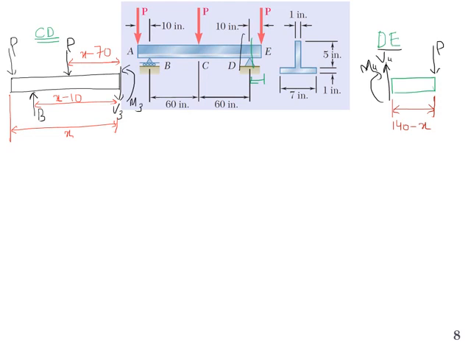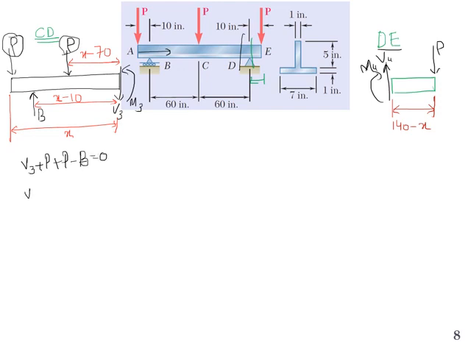So considering CD, again taking the section from left to right, I can write V3 plus P, this P, plus P at A, and minus B is equal to 0.